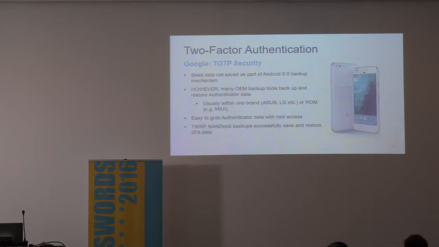There are also backup tools provided by many device manufacturers such as Sony, Asus, LG, whatever. You can create a backup, including all applications. These backup tools generally ignore whatever application permissions there are. They just back up all of the data, and you can use those to restore Authenticator app data and use that as well.